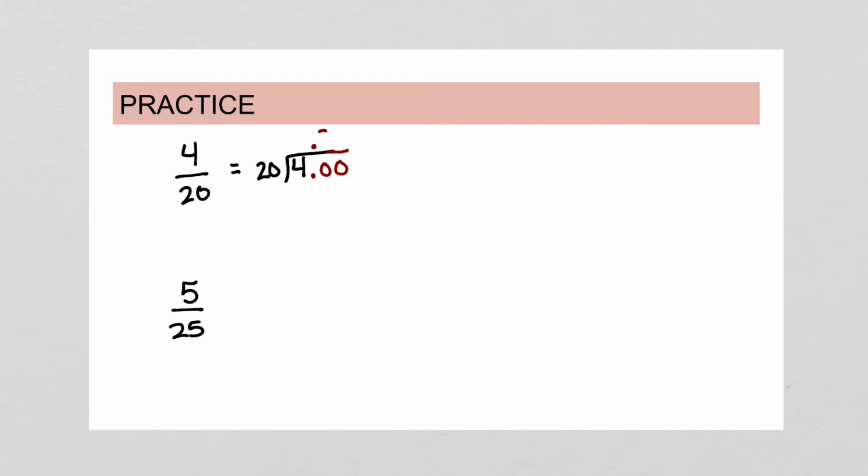How many times? 2 times. So 2 times 20 is 40. I subtract those. I get 0. I don't need to bring anything else down. Check mark, I'm done. So what I discovered here was that 4 over 20, or 4 twentieths, or 4 divided by 20, is the same thing as 0.2.